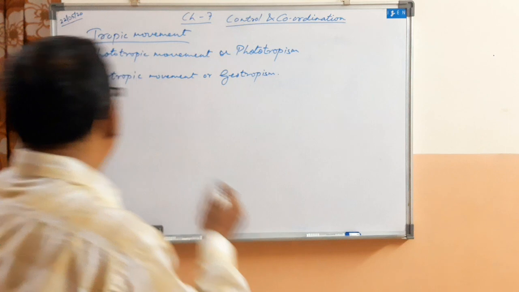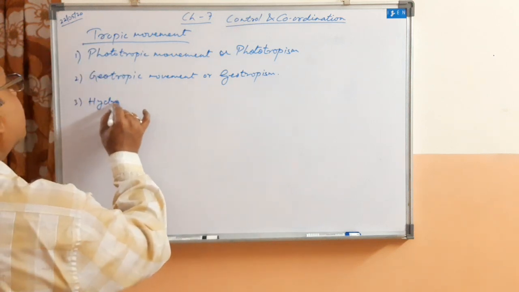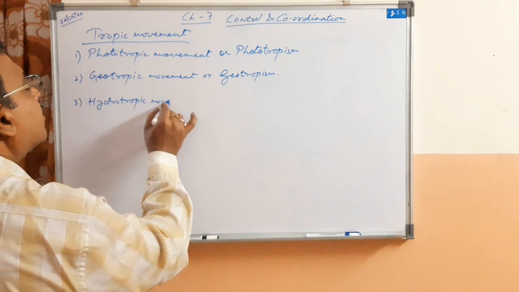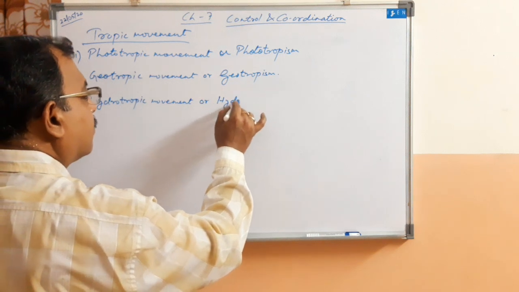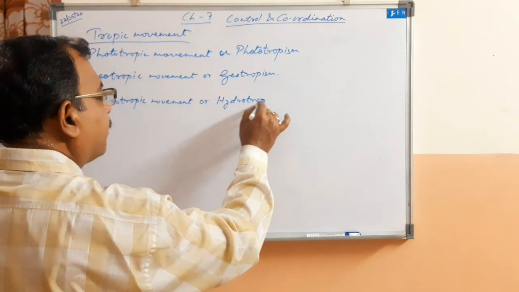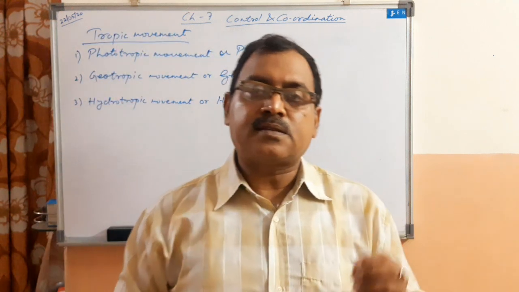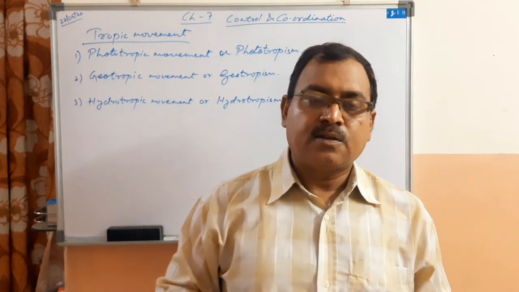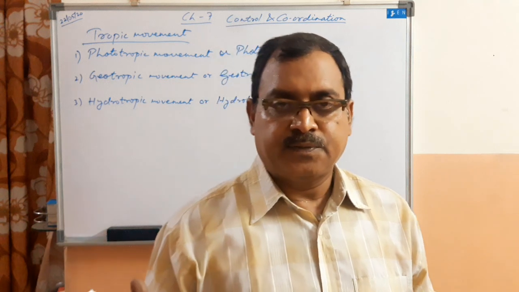Next is hydrotropism. Hydrotropic movement means the movement of a plant part due to the stimulus of water.